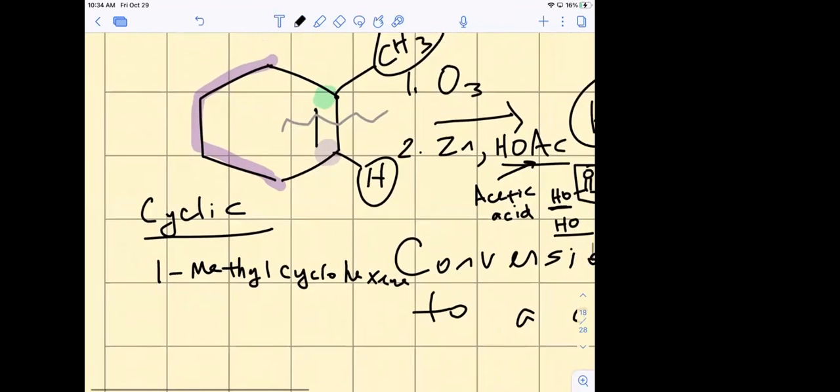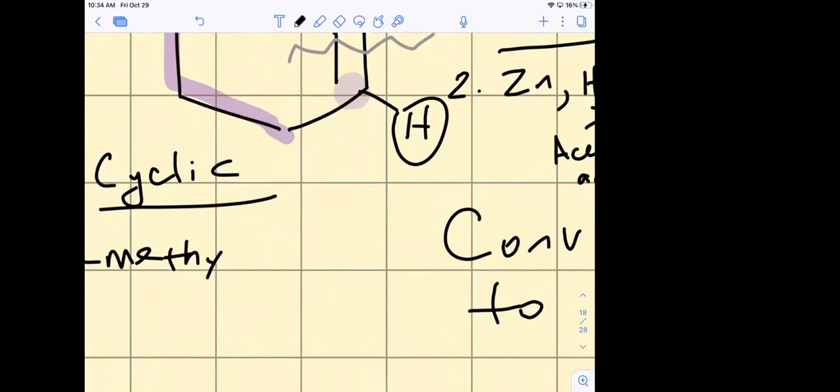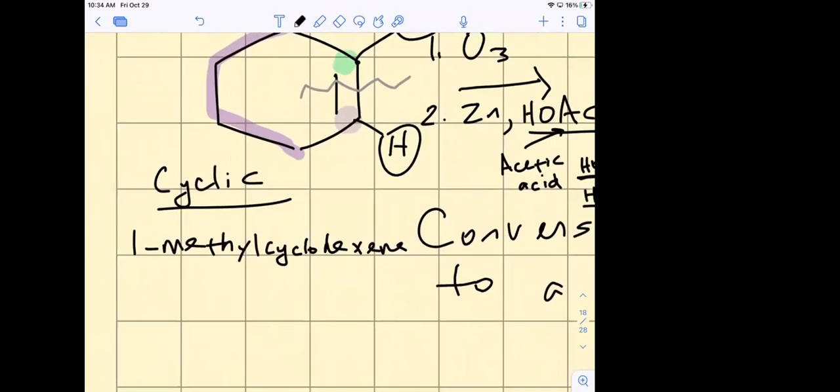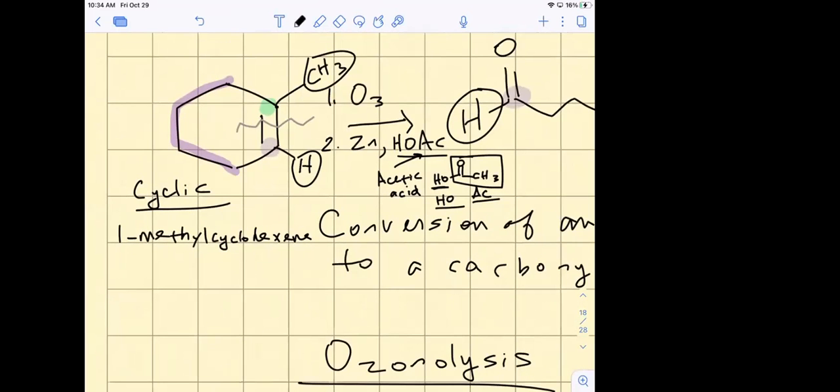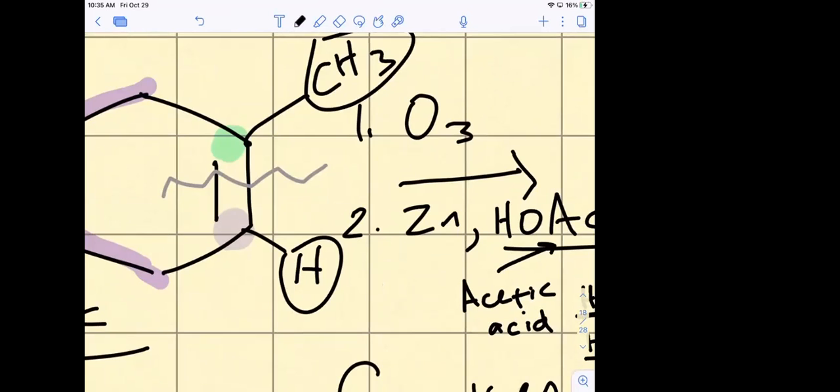I don't know if you recall when we talked about alkenes or cycloalkenes. I think we did some nomenclature on one of them before. And we talked about how you name it, right? And we said that for an alkene, the double bond is always 1 and 2. So in this case, because this carbon is substituted with a methyl, we're going to start there.